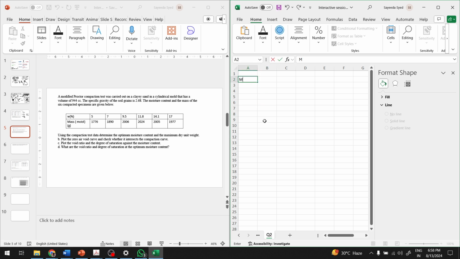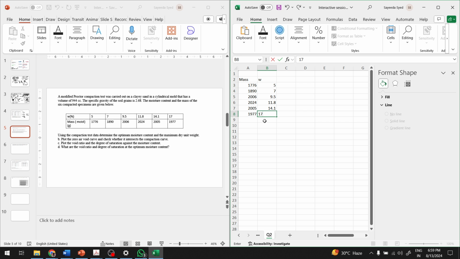Let us write here mass: 1776, 1890, 2006, 2024, 2005 and 1977. And here we have the water content, which is 5, 7, 9.5, 11.8, 14.1 and 17.